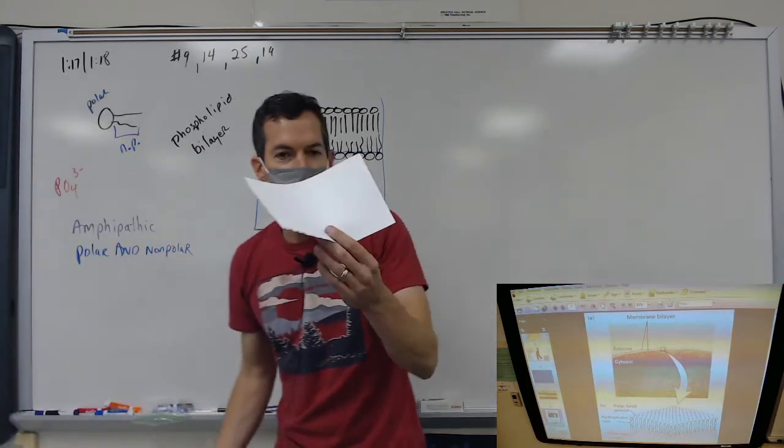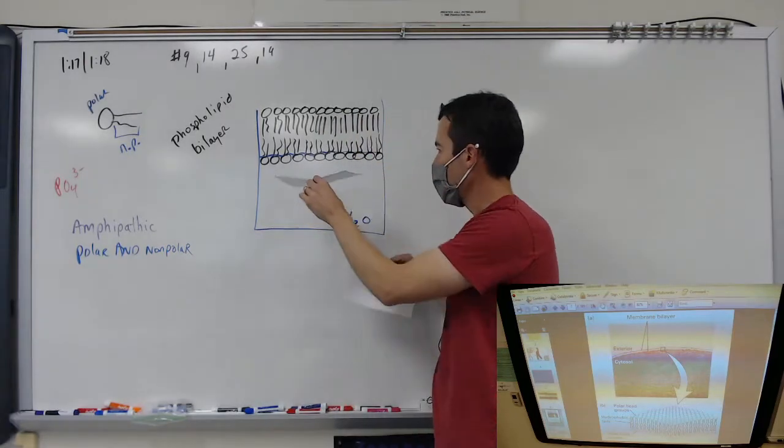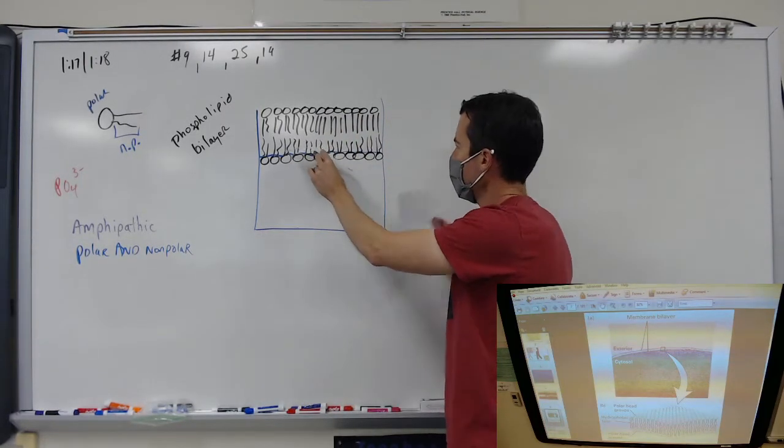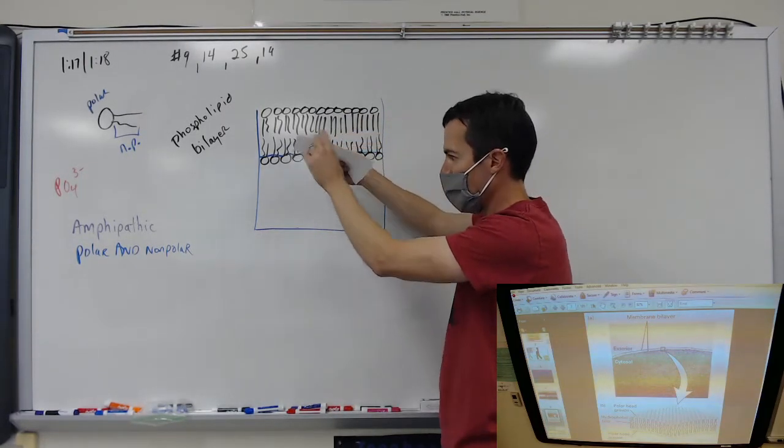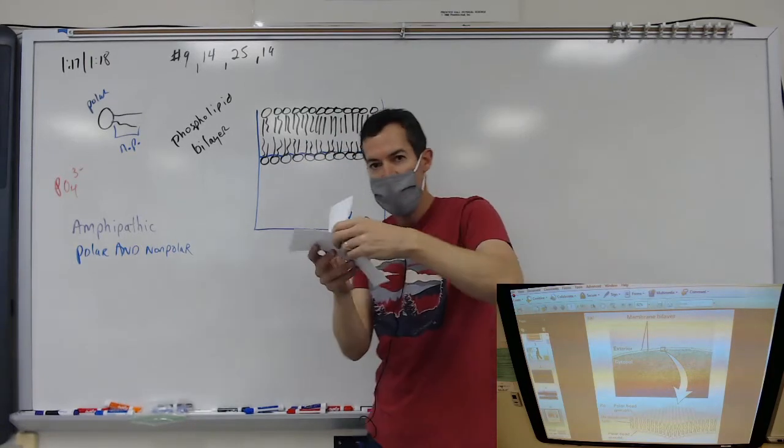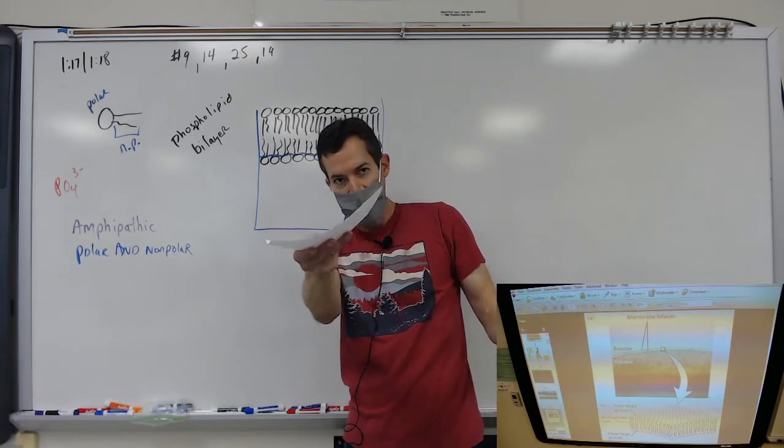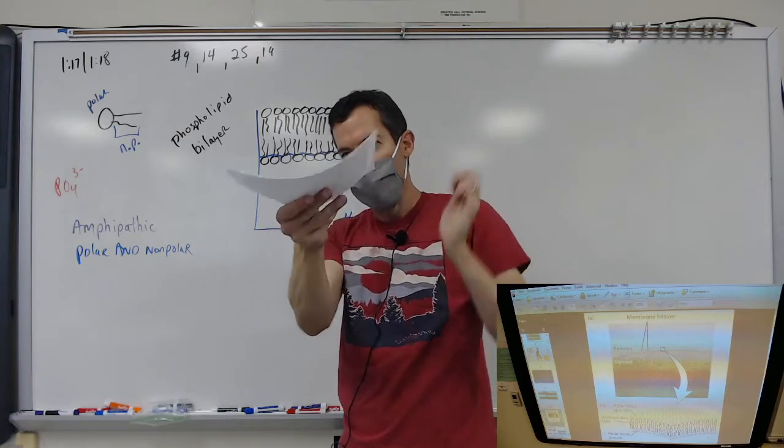Okay, so here's my bottom layer of phospholipids. They call it the inner leaflet. And then this is the outer leaflet, if this is like the inside and outside of a cell. So this is my phospholipid layer, monolayer, monolayer. Now I've got a bilayer.